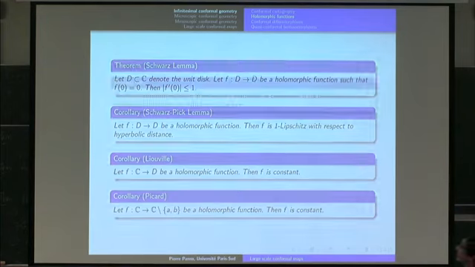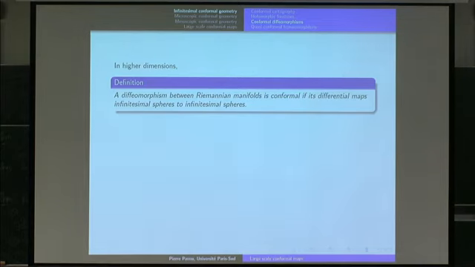But pretty soon, it's good to go to a wider setting. So in higher dimensions, what does conformal mean? Same meaning. It's, let's say, a conformal diffeomorphism, that's a smooth map whose differential preserves angles, and this can be said equivalently as follows: infinitesimal spheres, tangent spheres, are mapped to infinitesimal spheres.